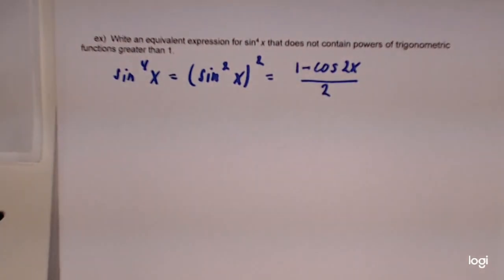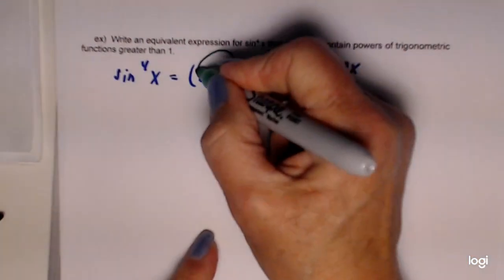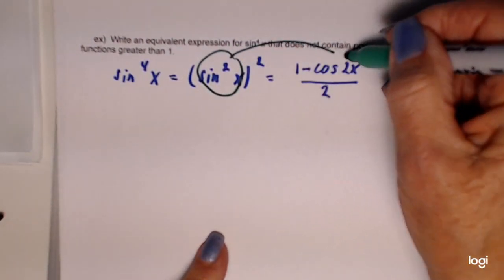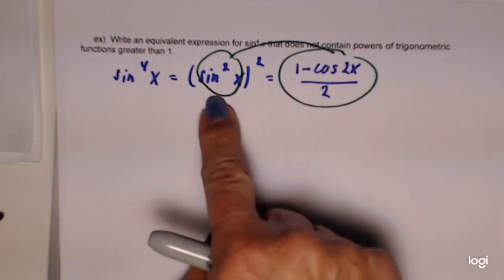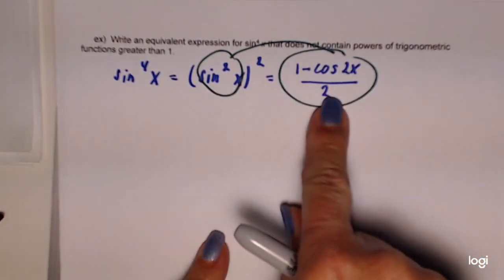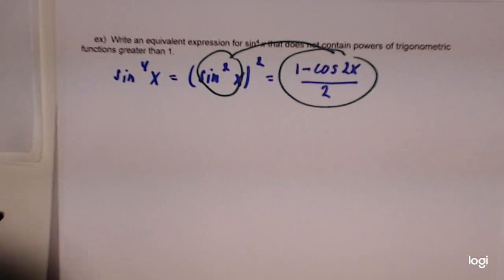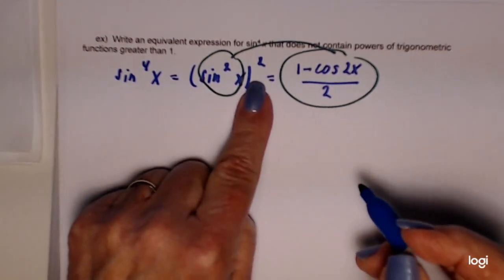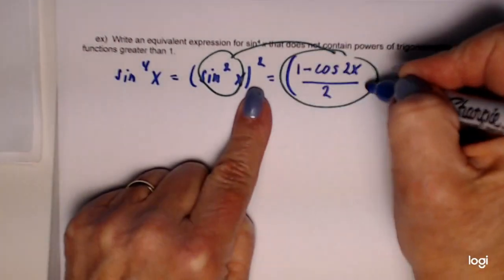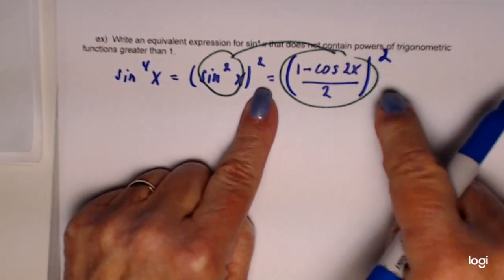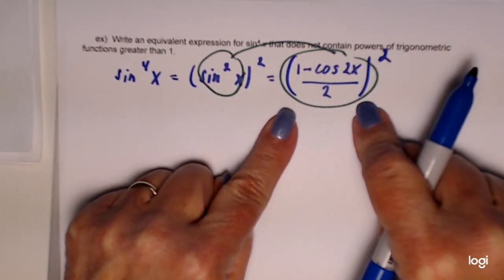So this here has been rewritten like this. We've used the formula to go from here to here. Now, this is still to the power of 2, so we have to put the power of 2 on this expression here.